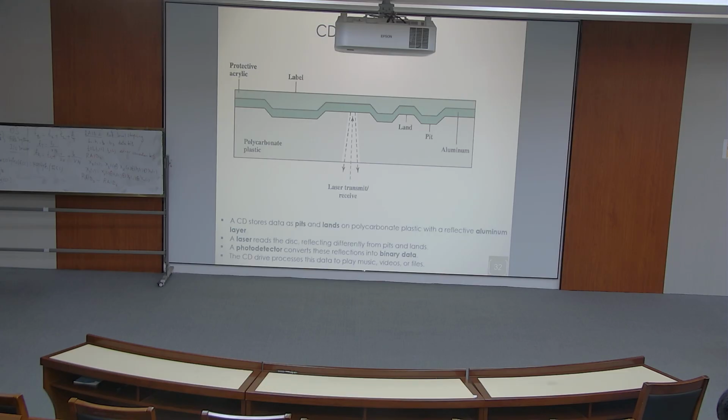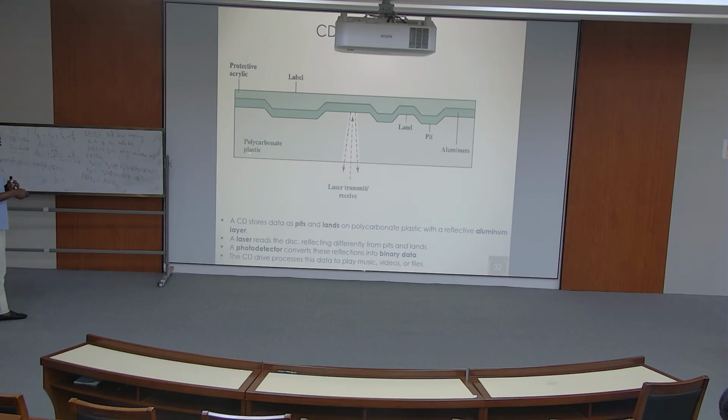We have the specifications, and here is a simple example of the CD operation. The CD needs to store the data as pits or lands on what we call polycarbonate plastic with a reflective aluminum layer. So these are the pits and the lands. This helps the data to be stored on the CD.